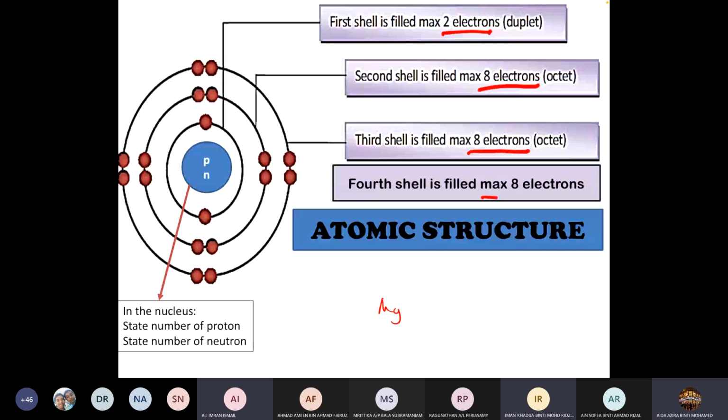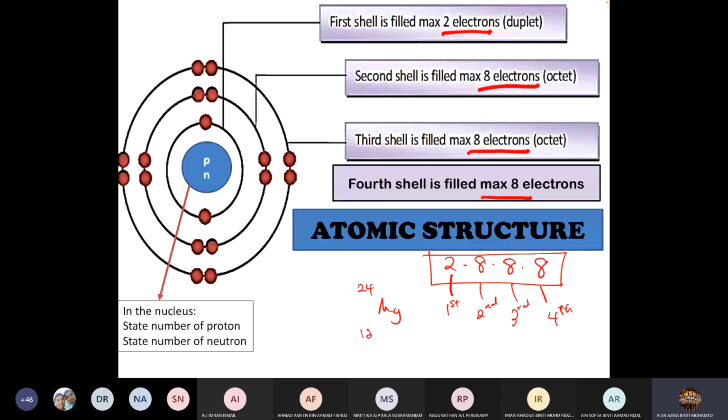So the formula is 2, 8, 8, 8 for your level. 2 means first shell, then second, third, and fourth shell.